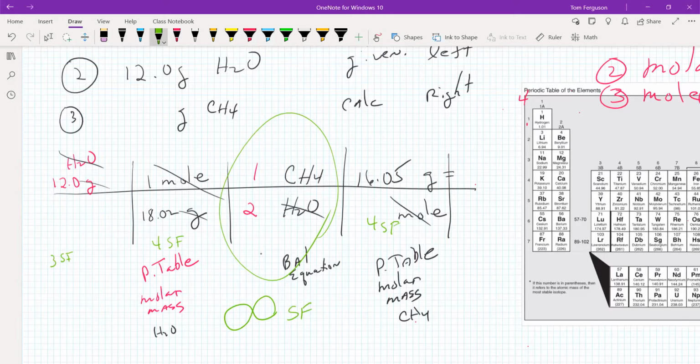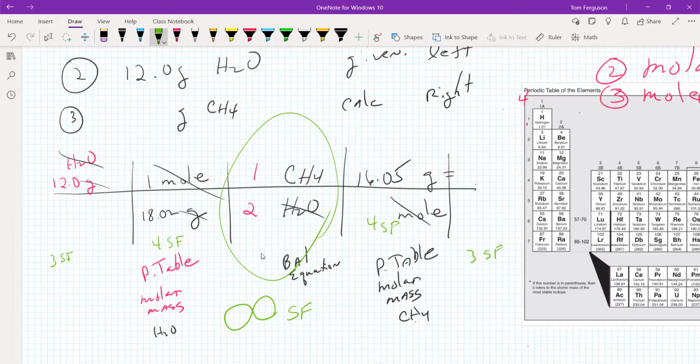So our answer is going to be 3 sig figs. What we're going to do is get out my handy dandy calculator, and we're multiplying 12 by 1 by 16.05, divided by 18.02.